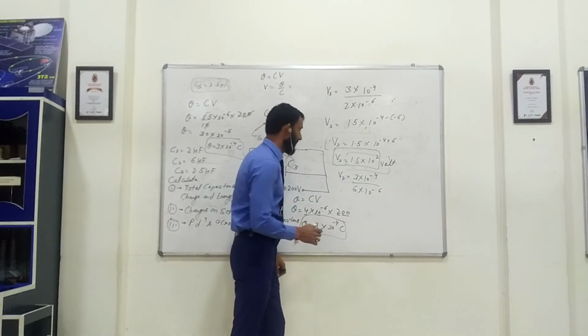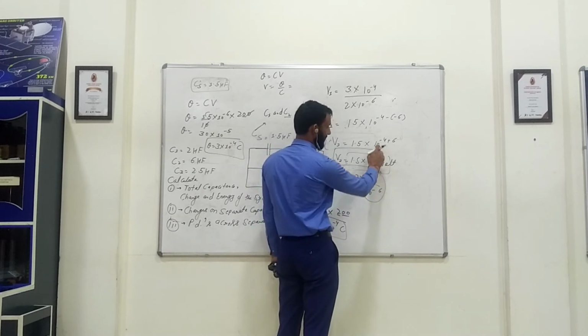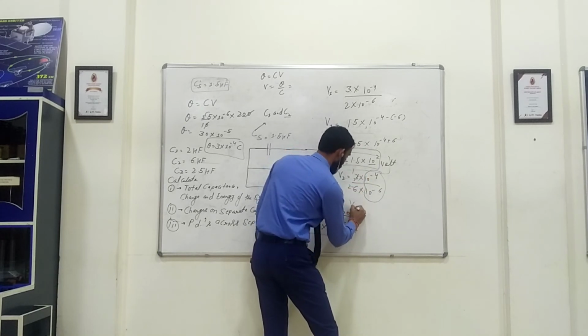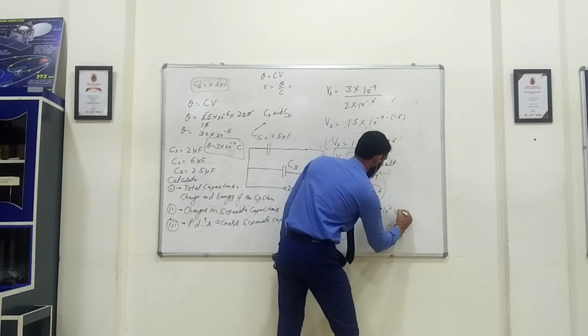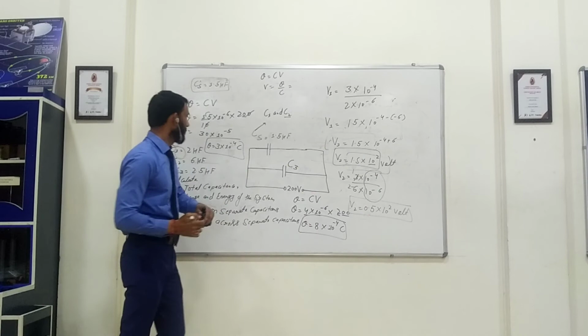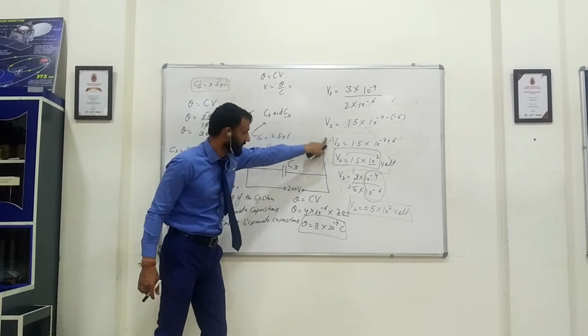So guys, after solving this, 10 to the power 2 will come, I have already shown you. So V2 is equal to 0.5 into 10 to the power 2 volt. So this will be the potential through these two, and the combination of these two will be this, right?